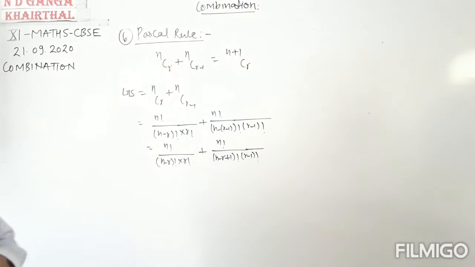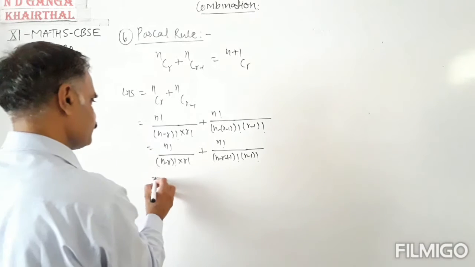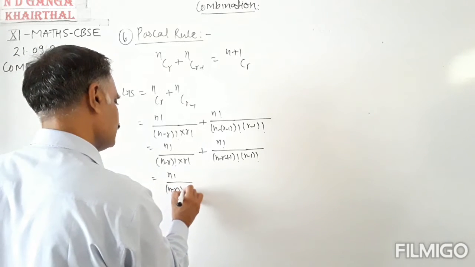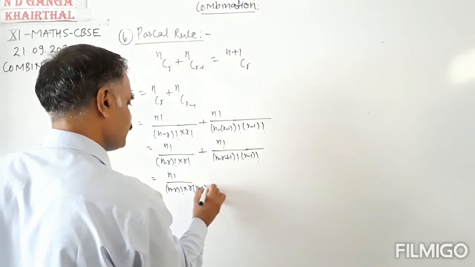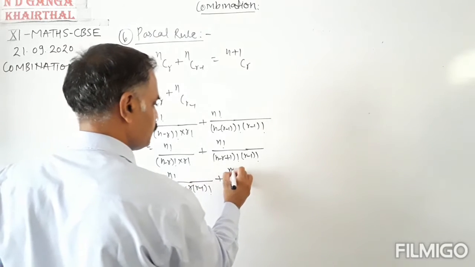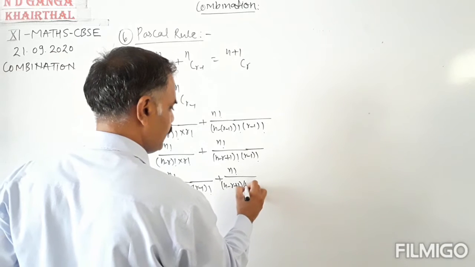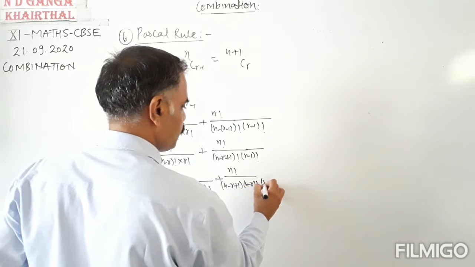Now we expand it as factorial n upon n minus r factorial into r minus 1 factorial plus factorial n upon n minus r plus 1 into n minus r factorial into r minus 1 factorial.